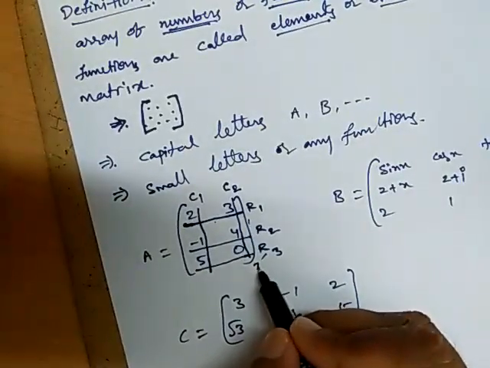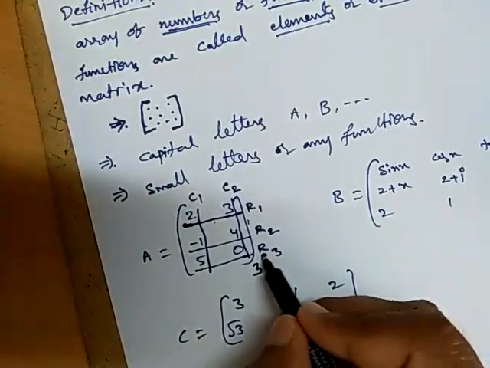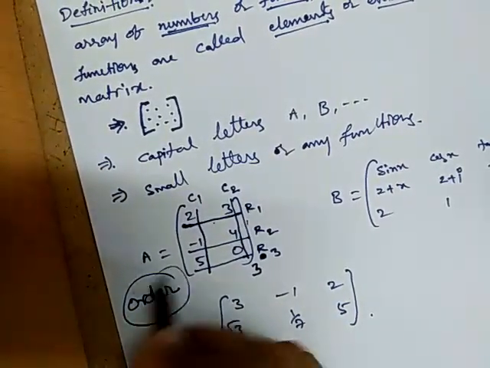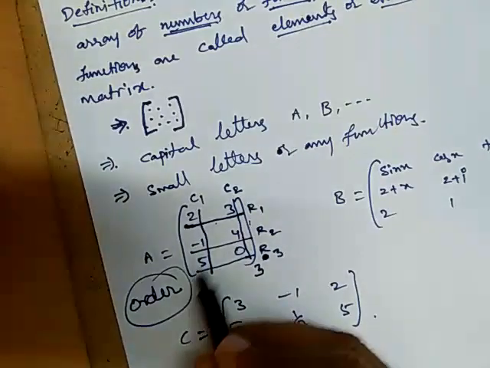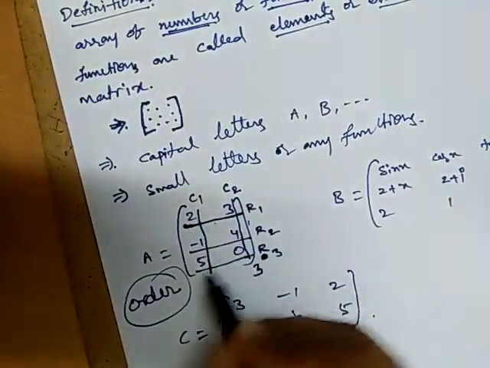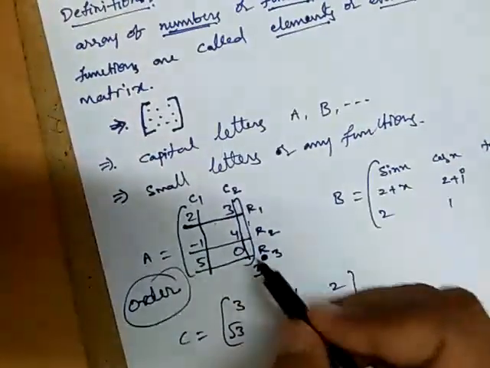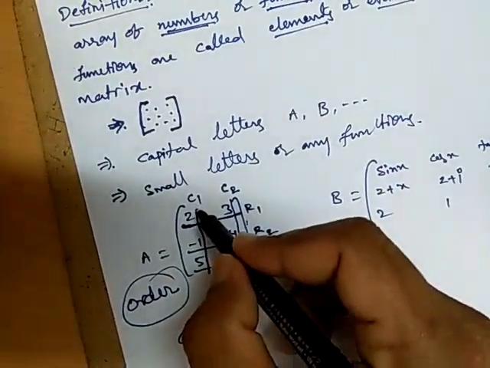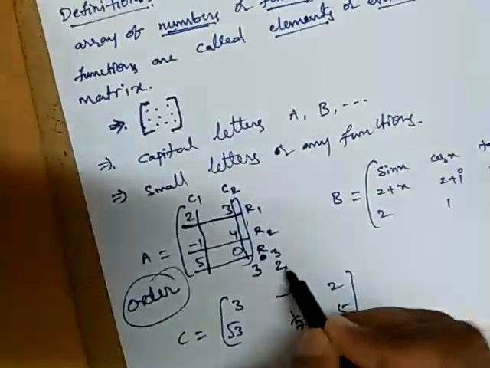So we can write this matrix order. This is a very important point. The order of this matrix depends upon the number of rows and columns. Here we have 3 rows, so we write 3. And how many columns? 2, so you write 2.